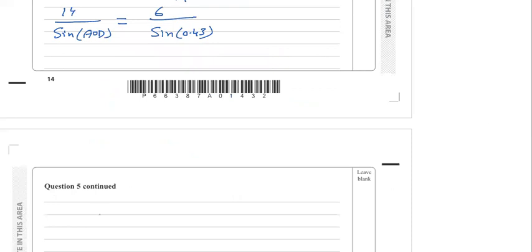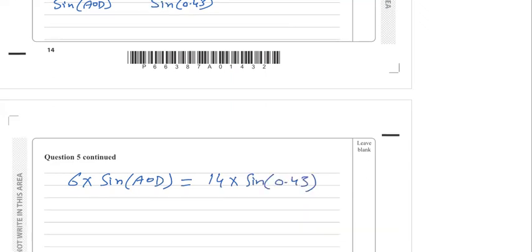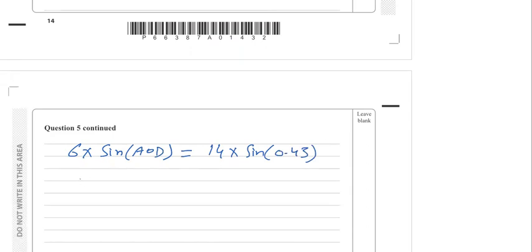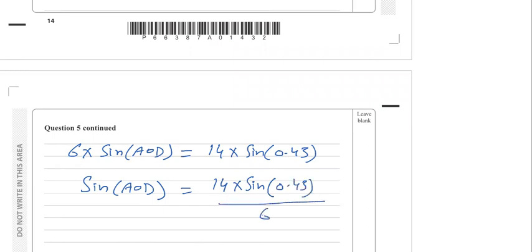If I cross multiply, I get 6 times sine of AOD equals 14 times sine of 0.43. Shifting 6 to the other side, sine of AOD equals 14 times sine of 0.43 over 6.